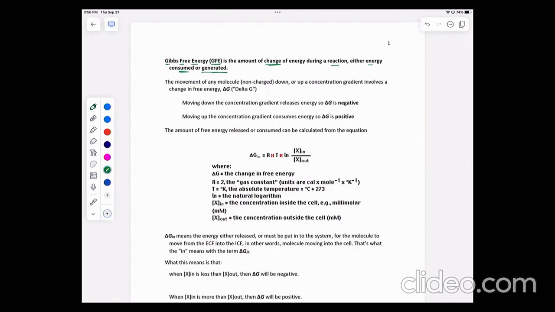So the Gibbs free energy equations are varied. It depends upon what system you're trying to apply it to. So you may, in freshman chemistry, have seen Gibbs free energy in this form, where you have delta, meaning change of Gibbs free energy, is equal to delta H, where H is enthalpy, minus the temperature of the system in Kelvin times delta S, which is entropy.